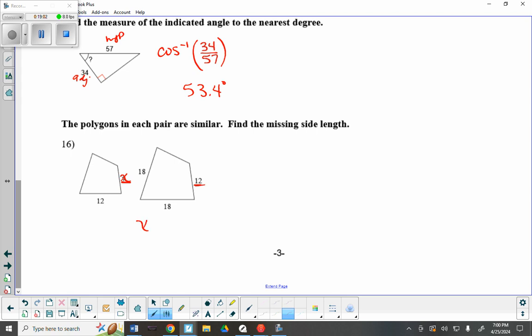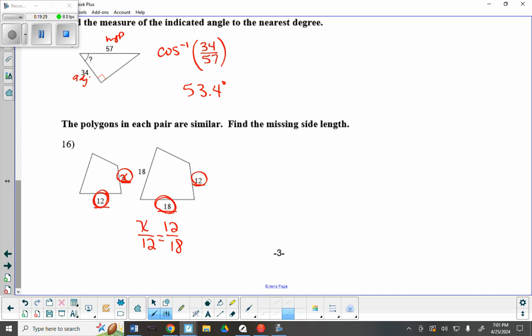So I can write X over 12, or X is to 12 as, and we need another set of corresponding sides, and we have to pick where we have two. So we will say X is to 12 as 12 is to 18. So I'm doing right side to right side, bottom to bottom.